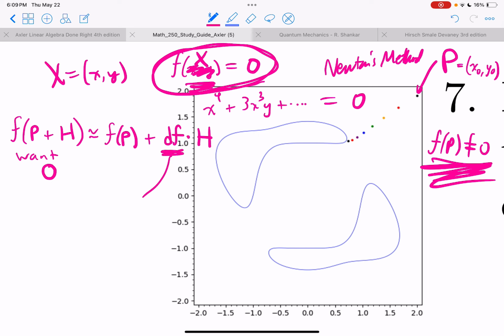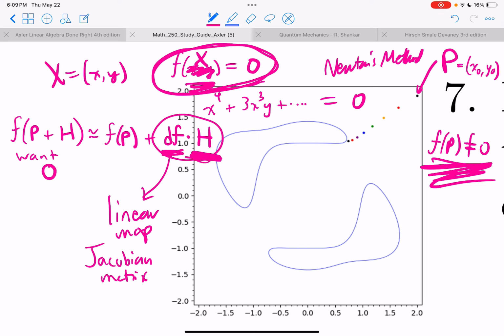The derivative is a linear map, and in matrix form you'd call it the Jacobian matrix. It multiplies a movement vector and gives you an output vector. In this case that output is one-dimensional, but in other cases it would be higher dimensional. Then we add that to f of p and try to get 0.